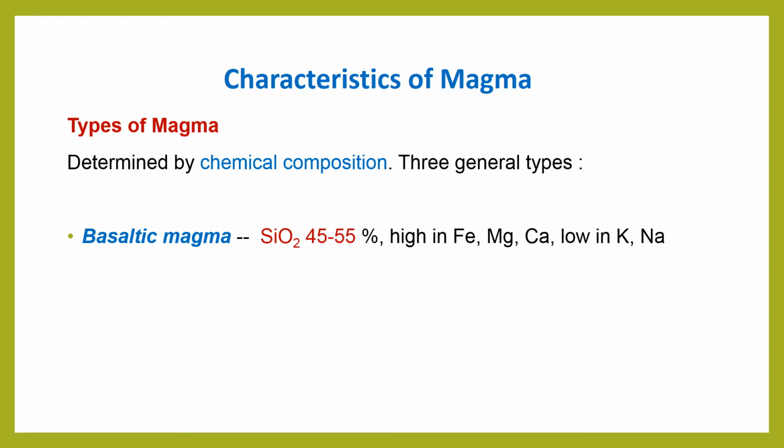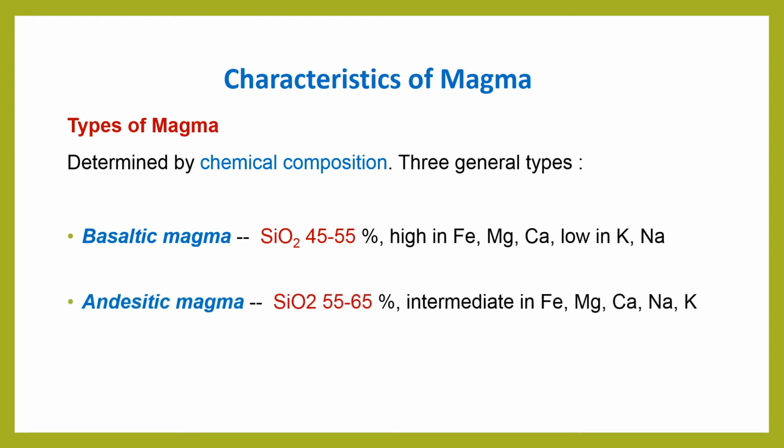Second, the andesitic magma, which has more silica, ranging from 55 to 65%, and is intermediate in iron, magnesium, calcium, sodium, and potassium.